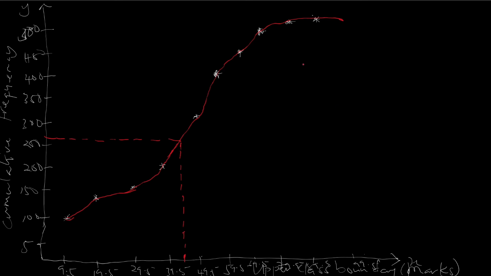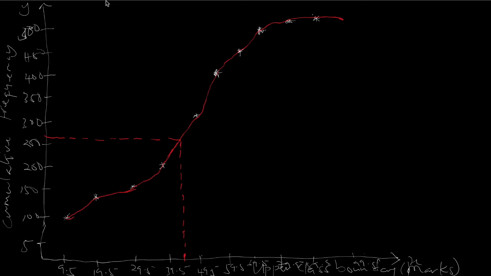So we can say the probability of not scoring more than 45. So how many people scored below 45? We should get 250 over the total number of students in the class, 500, which is equal to 1/2.